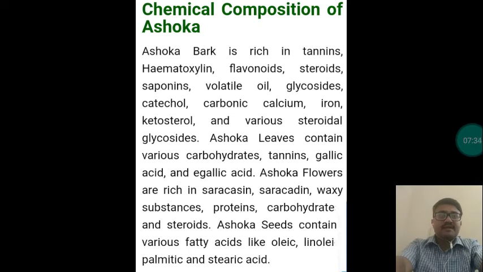Ashoka leaves contain various carbohydrates, tannins, gallic acid, and ellagic acid. Ashoka flowers are rich in saracin, saracadin, waxy substances, protein, carbohydrates, and steroids. Ashoka seeds contain various fatty acids like oleic, linoleic, palmitic, and stearic acid.